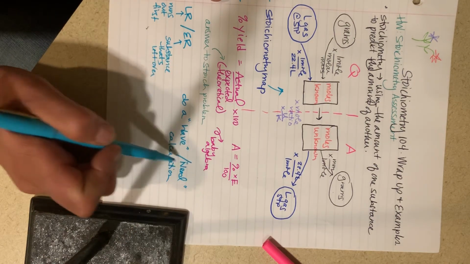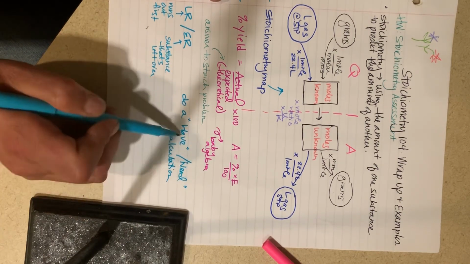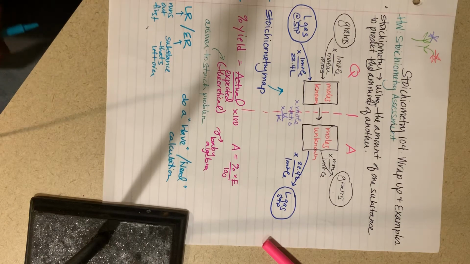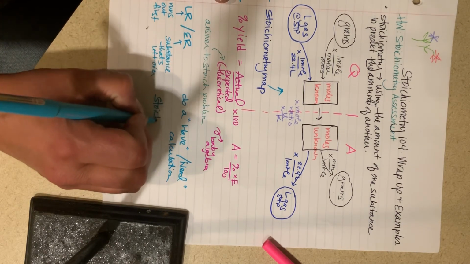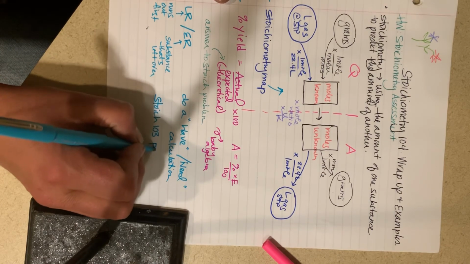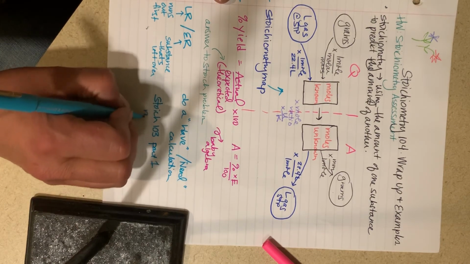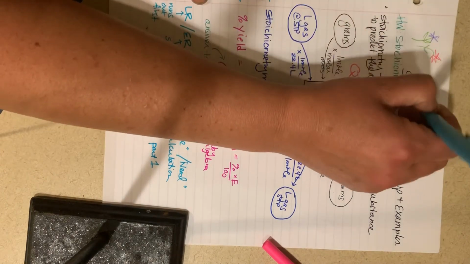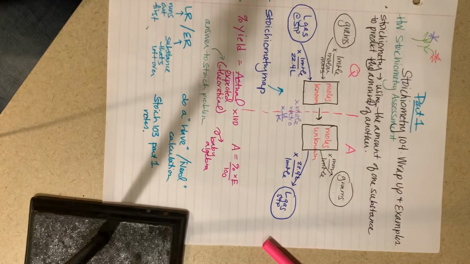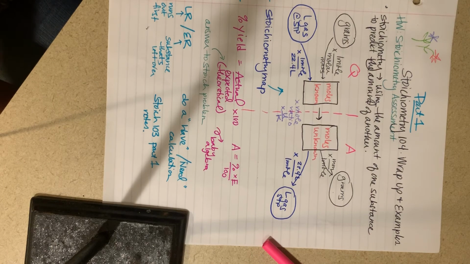And that slash is not a division sign, it's just like a do a have and need calculation. And that was in Stoichiometry 103, part 1 notes. Okay, so this is part 1, and I'm going to come back with part 2 and do a couple of examples.